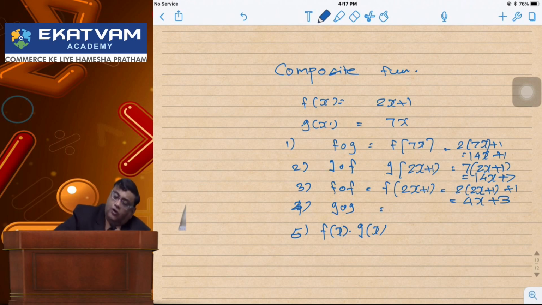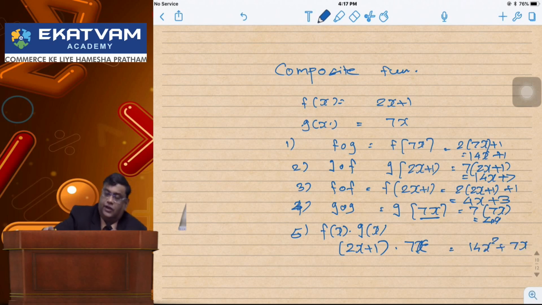Then g(g(x)) will be g(7x), which is 7 into 7x, which is 49x. First you have to put the inner value. But f(x) into g(x) is just a product, so this is different. It is (2x + 1) into 7x, so it will become 14x square plus 7x. Check. This is going to be 14x square plus 7x.